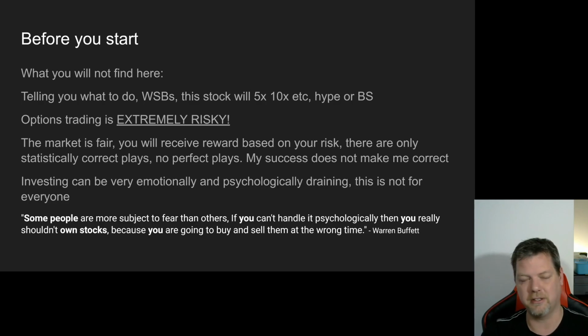Look at my detractors, look at people that say what I'm doing is stupid, and then you can decide for yourself. This has been successful for me, but just because it's worked does not mean it's the correct thing to do. It doesn't mean it's correct statistically. Maybe I'm not right if it was back tested, but this is my style. I'm comfortable with it, and it's done very well for me.